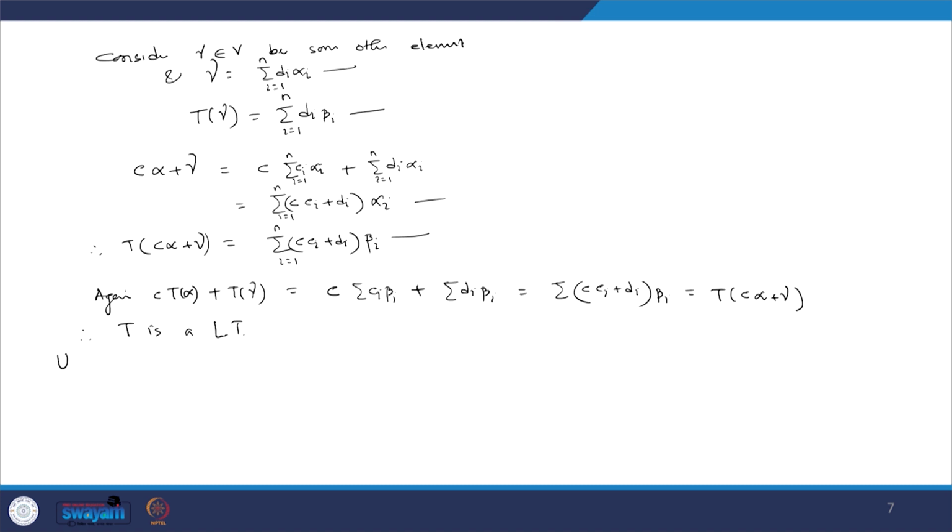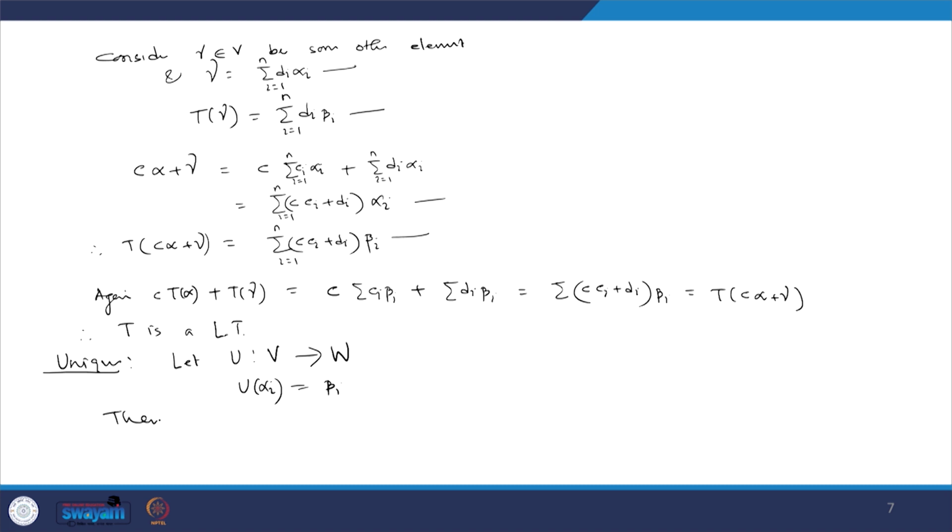Now, claiming it is unique. Suppose not. Let U be another linear transformation, a mapping from V to W, such that U of alpha i equal to beta i.